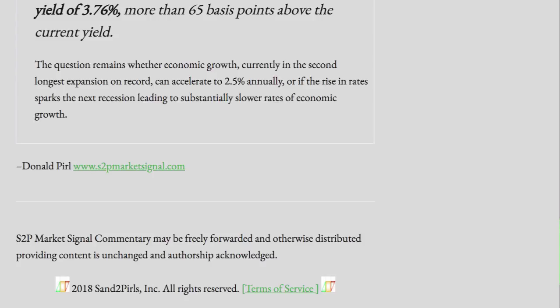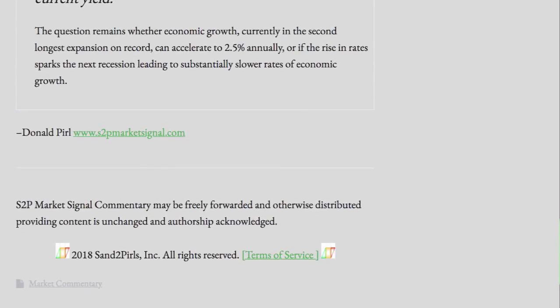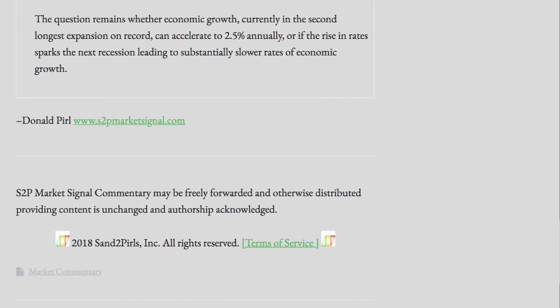The question remains whether economic growth, currently in the second longest expansion on record, can accelerate to 2.5% annually, or if the rise in rates sparks the next recession, leading to substantially lower rates of economic growth.